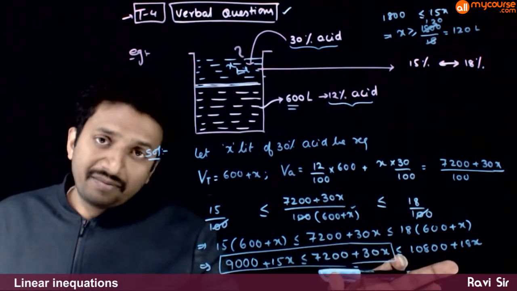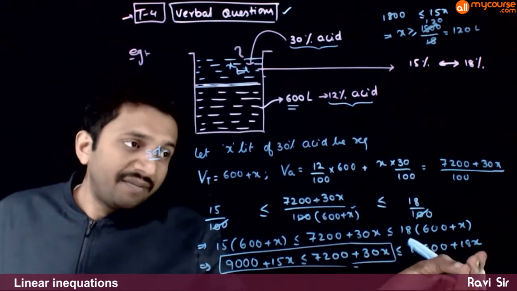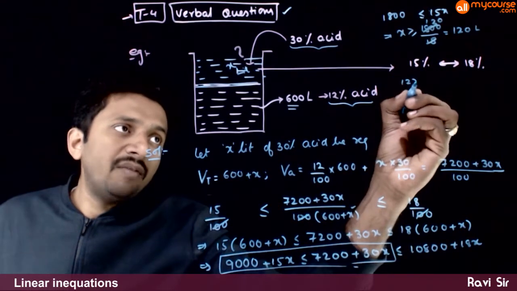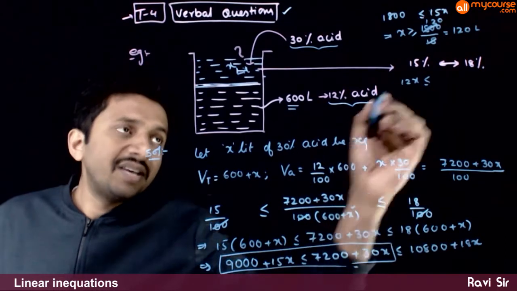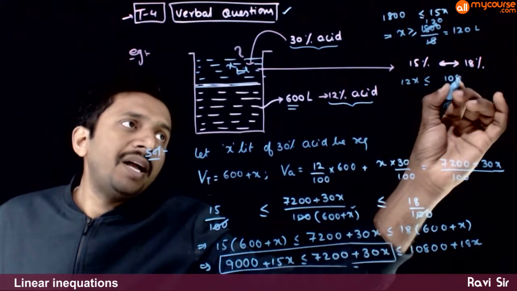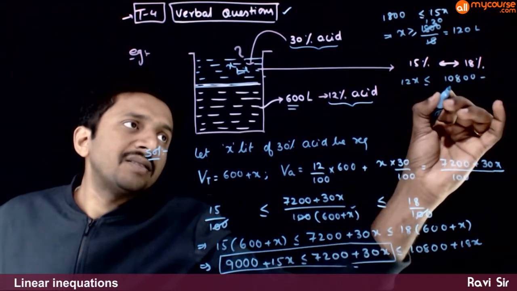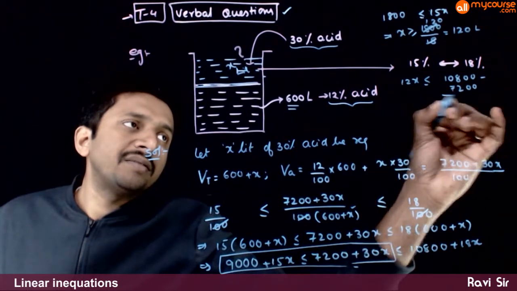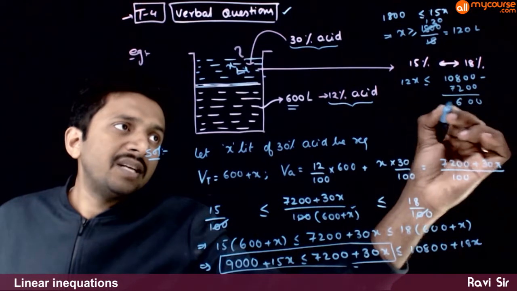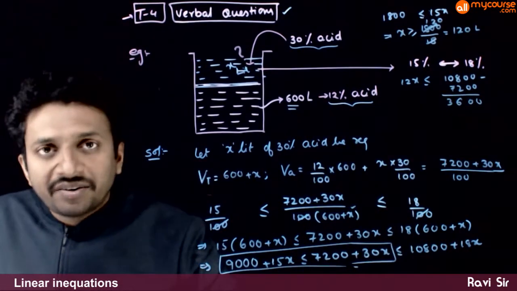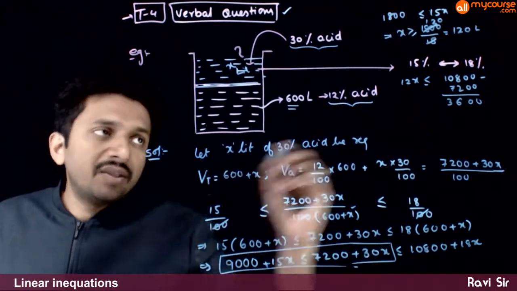And the second part, 30x, 18x. If I bring 18x onto this side, you get 12x less than or equal to 10800 minus 7200, which is 3600. So 12x is less than or equal to 3600.